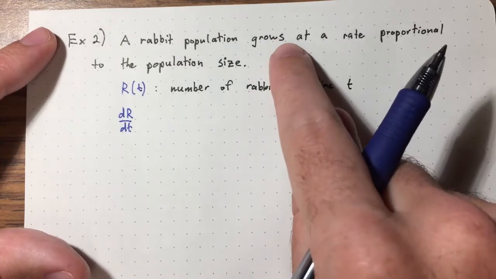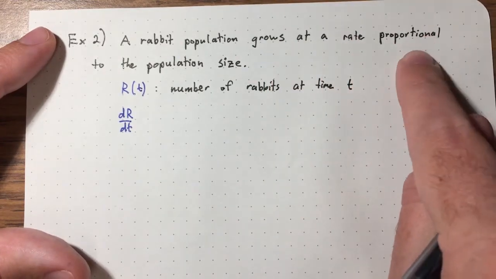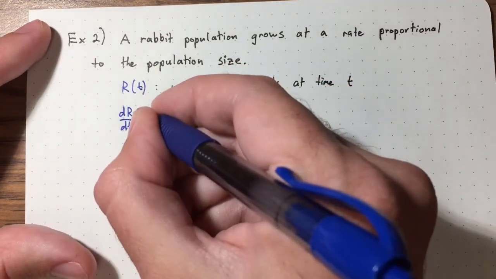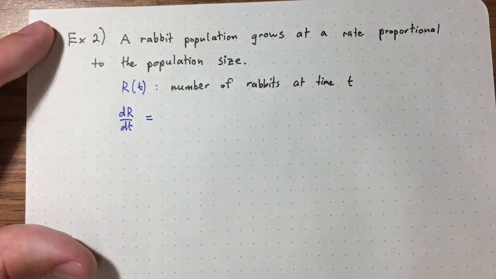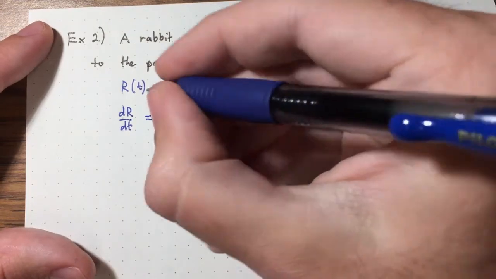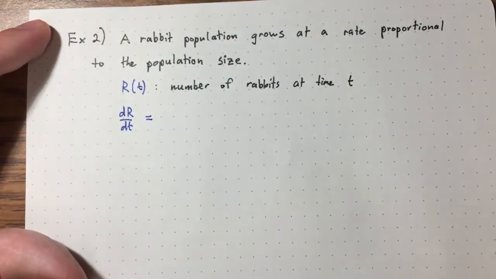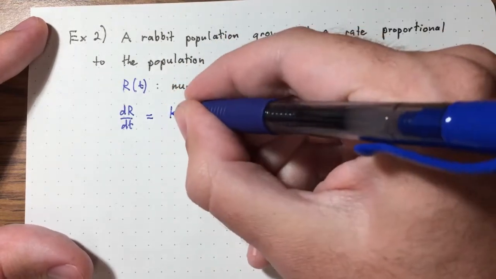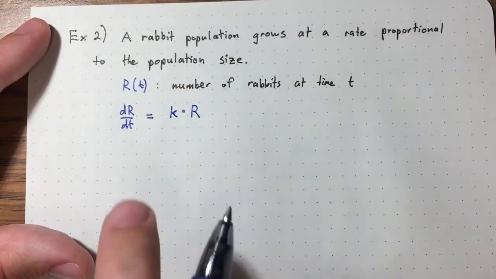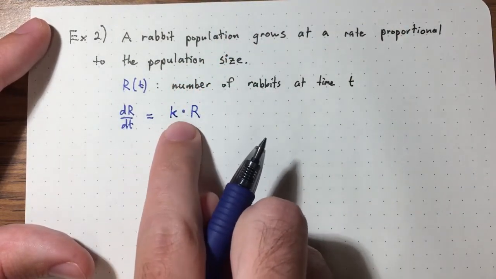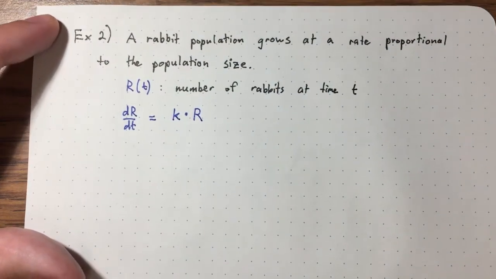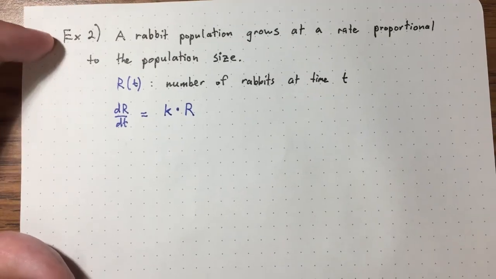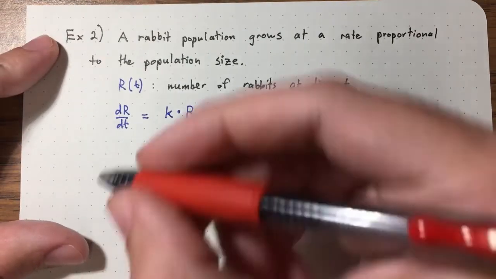Well, we just deduce that it's changing at a rate proportional to the population size. So in other words, dR dt is k times the population size. So k times means proportional to, right? It's a constant times the population size. So here k is called the constant of proportionality.